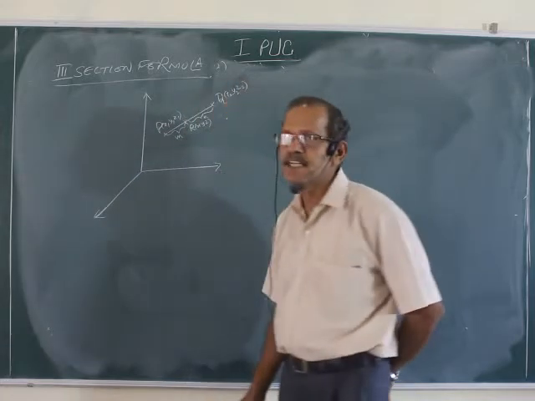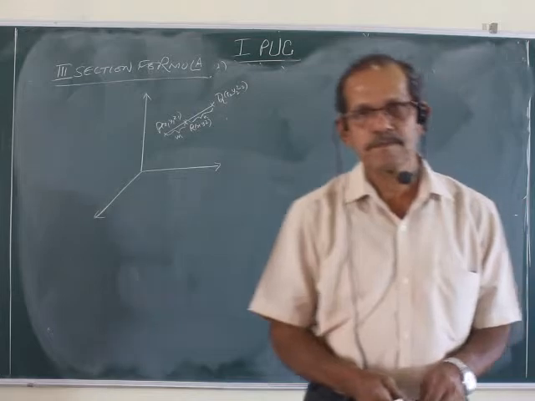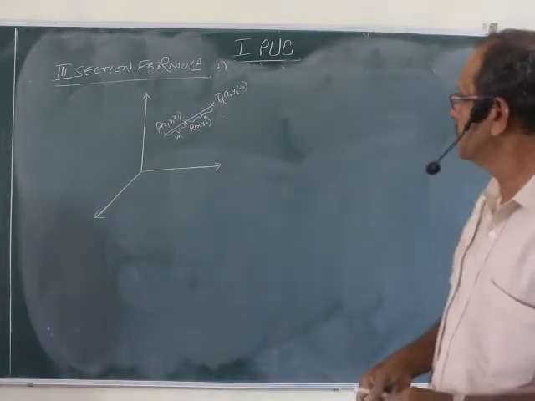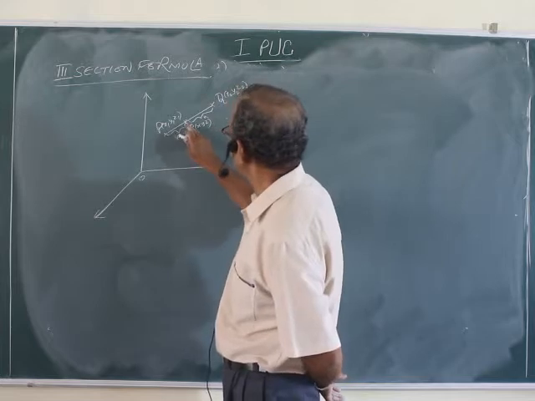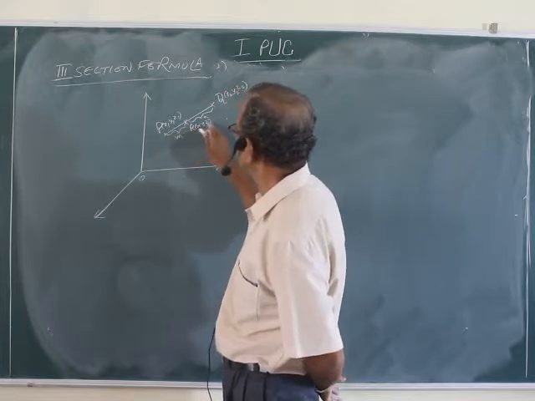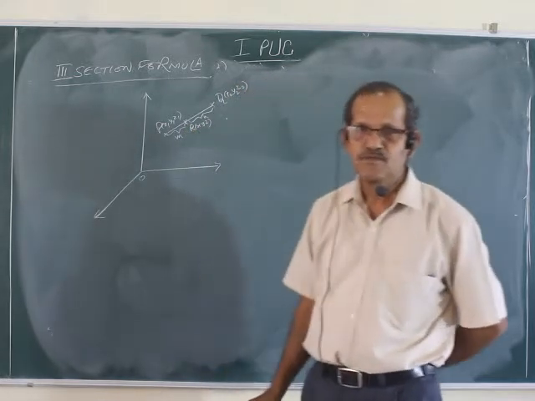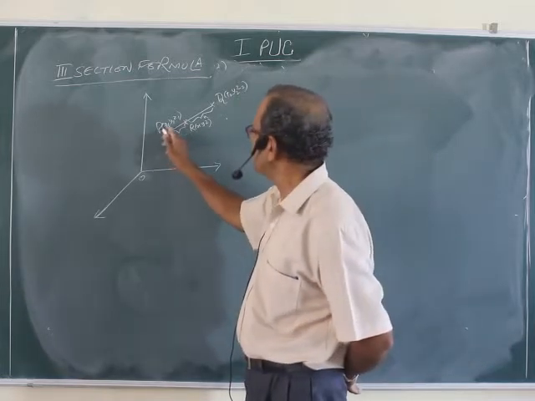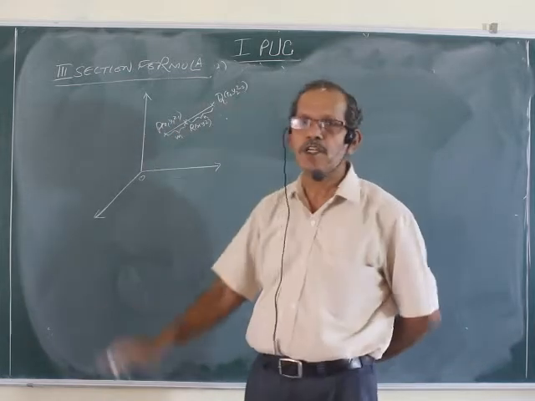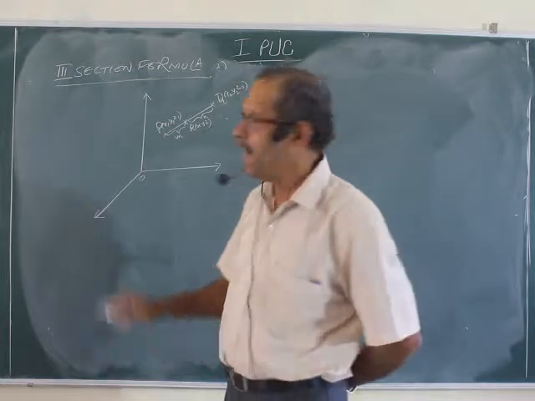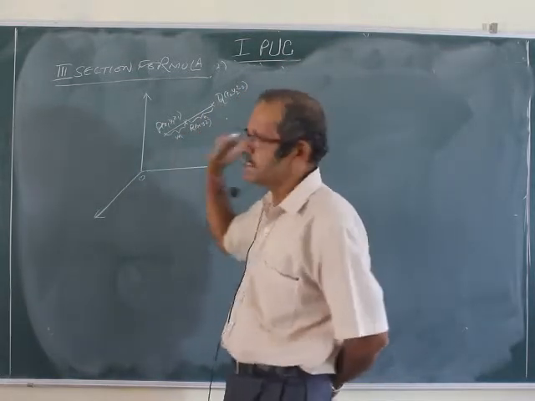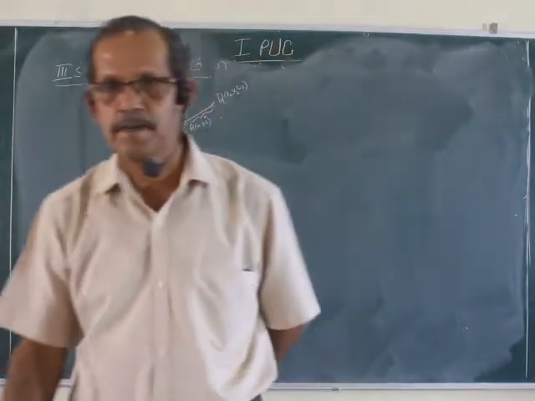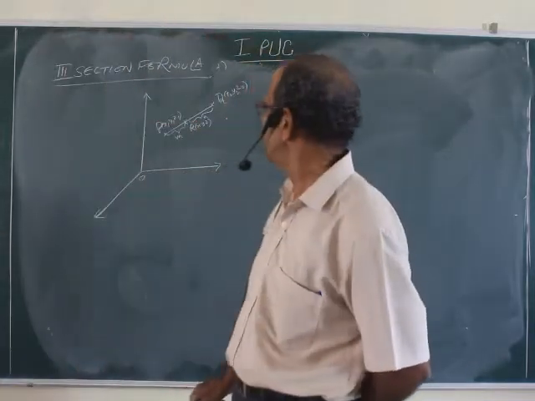This is called section formula. Section formula means find the coordinate of the point R (x, y, z) you have to calculate. Coordinate of P are given, coordinate of Q also given, and ratio m:n is given. How to find x, y, z? That is called section formula. Ratio given, no? That is why.